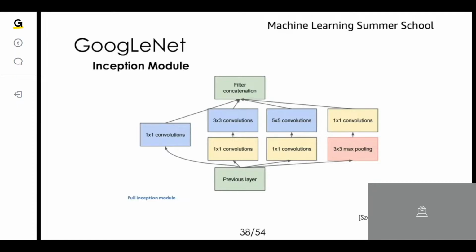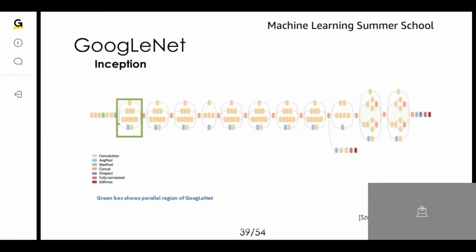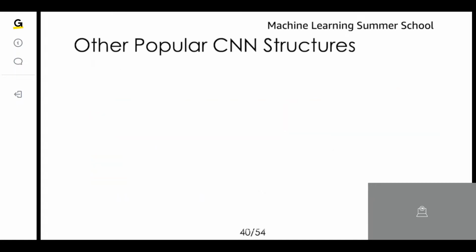The outputs are then concatenated and passed to the next layer. This was to introduce multi-scale computation to extract features at multiple different scales. GoogleNet is composed largely of these inception modules along with some other layers, just like simple CNNs, and was able to get a good accuracy improvement over the previous year's ILSVRC.